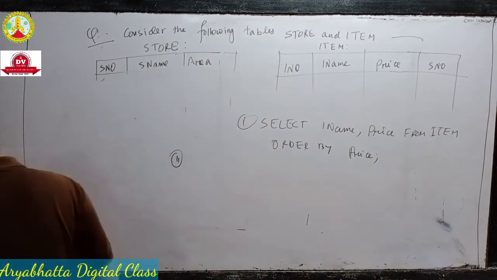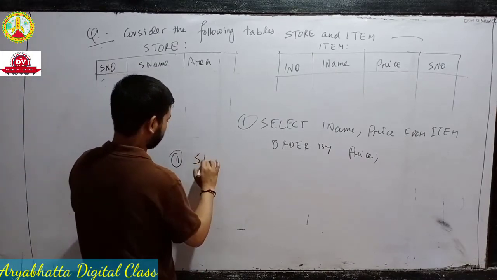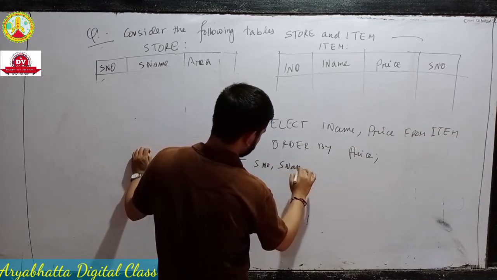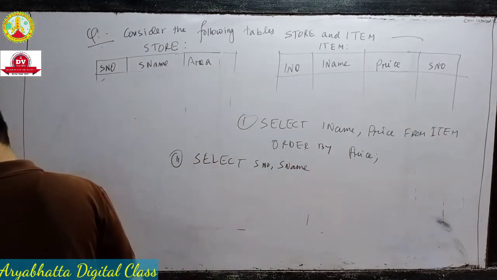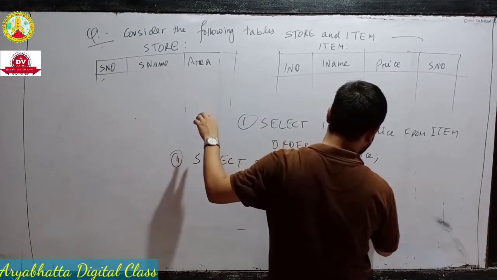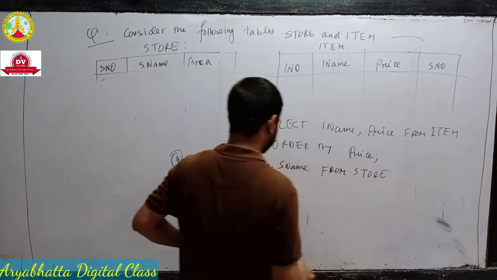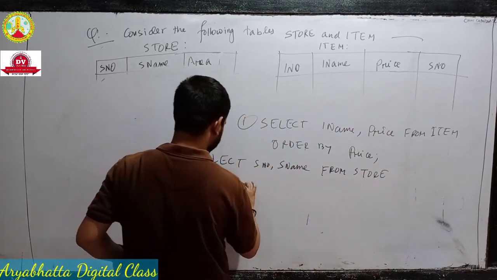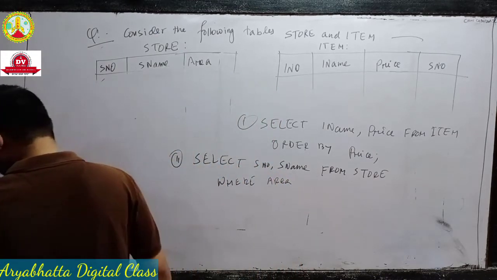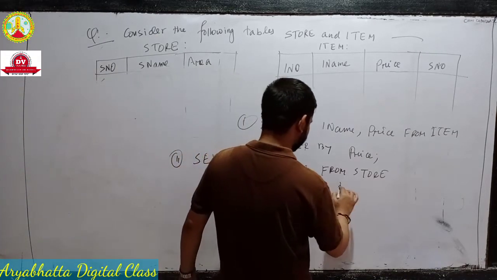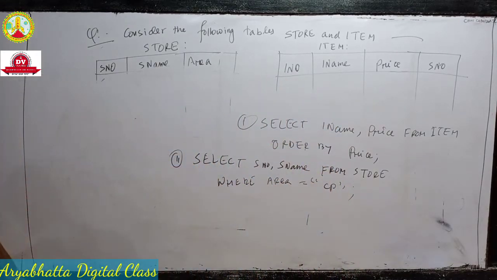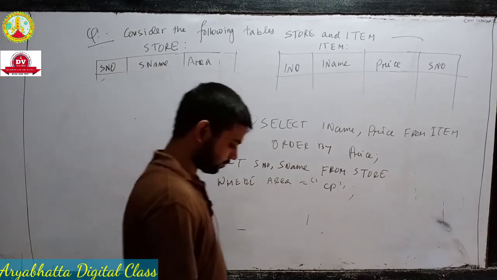We write: select S number and S name from store, where area is equal to CP.